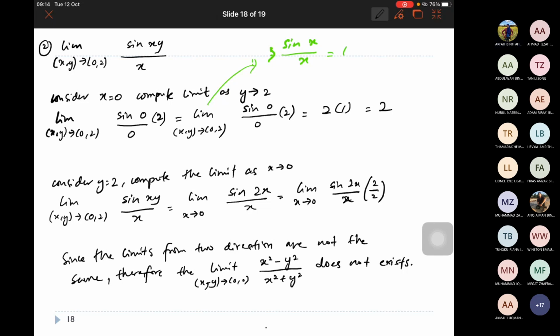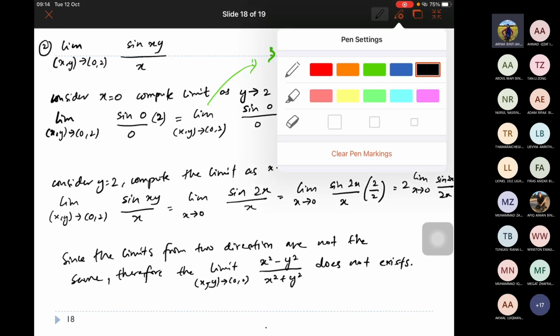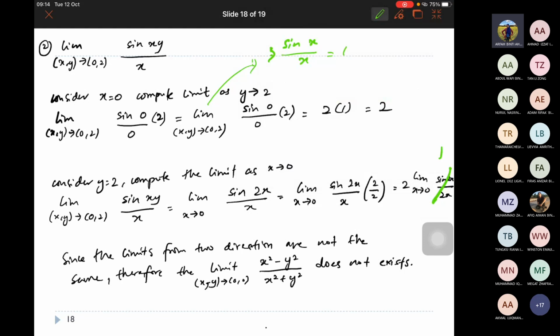Okay, 2 is a constant, so we can pull out the limit of x approaching 0 of 2 sine 2x over 2x. So sine 2x over 2x will become 1. So you are going to have 2 as well.